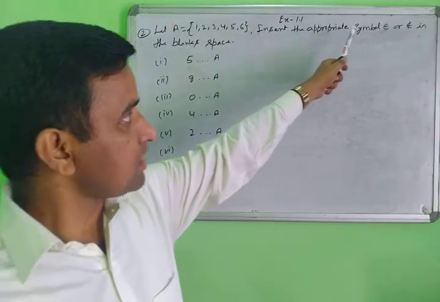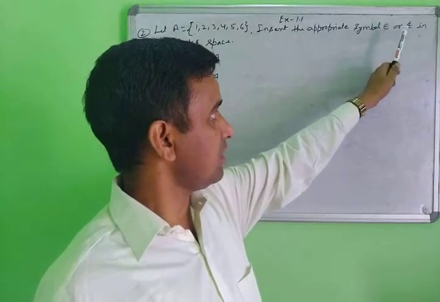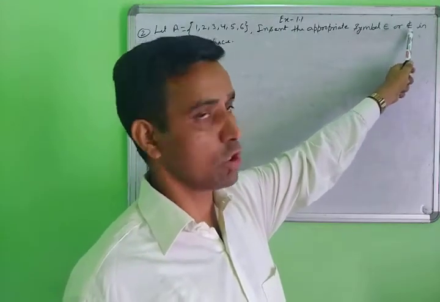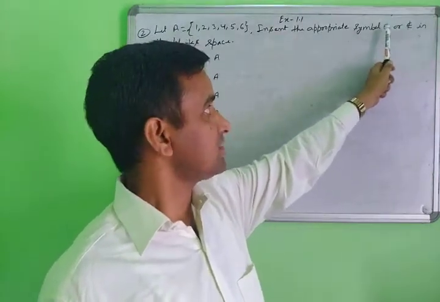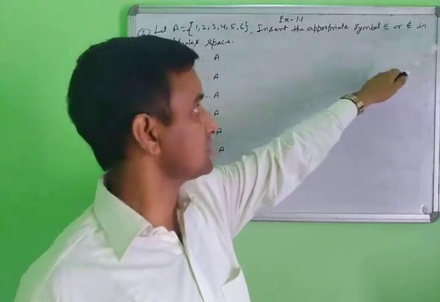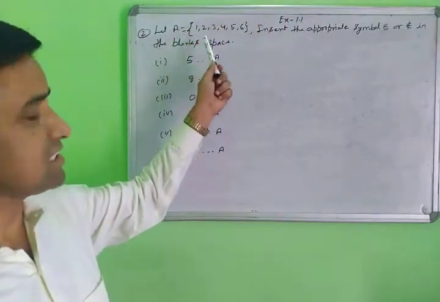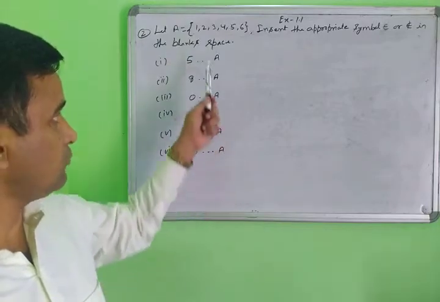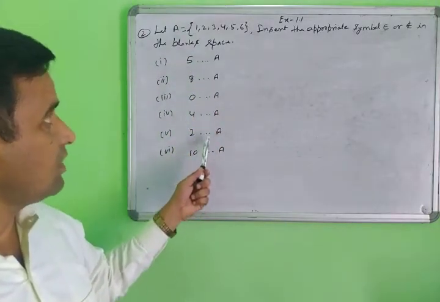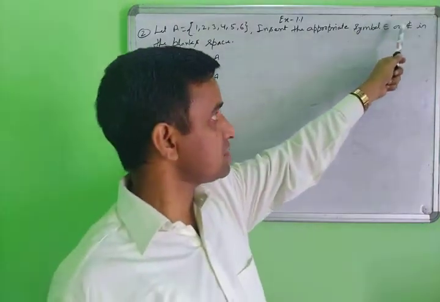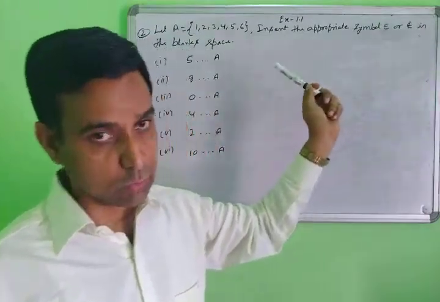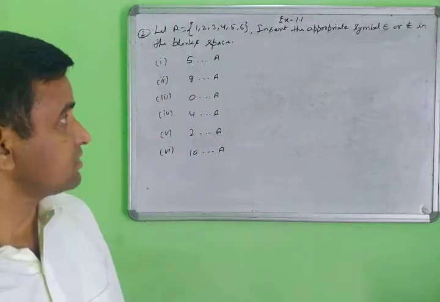Insert the appropriate symbol. These two symbols are given: belongs or does not belong. These are Greek symbols. In the blank spaces you will put any one of these symbols.